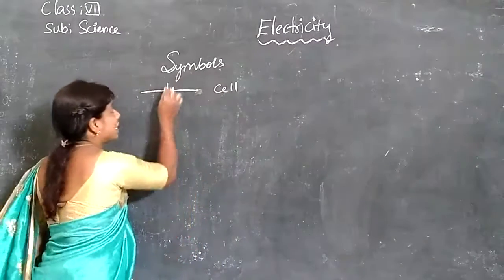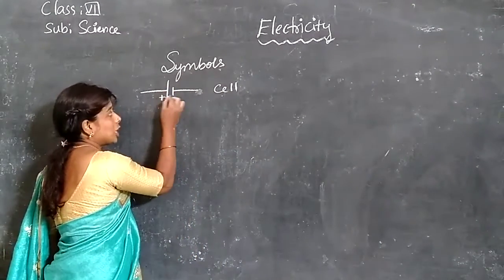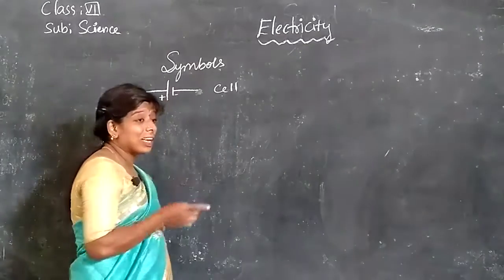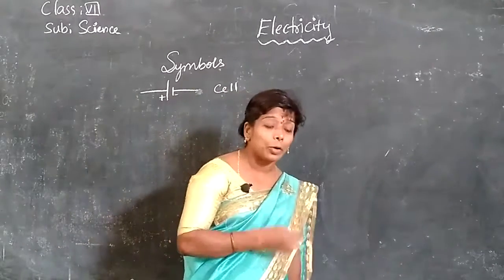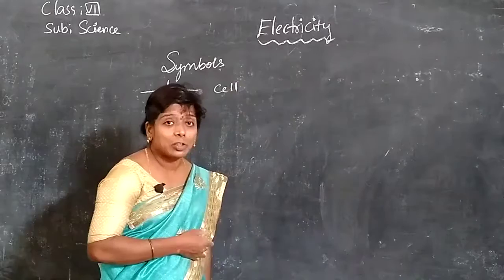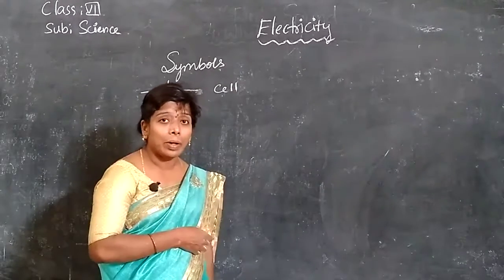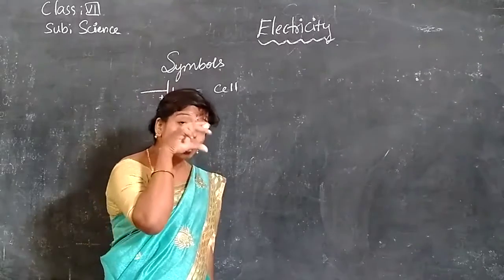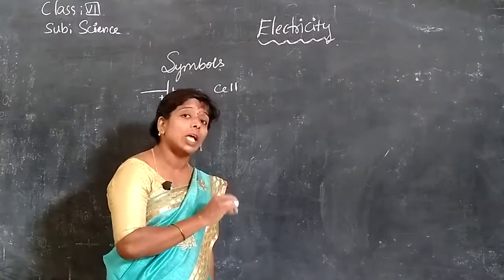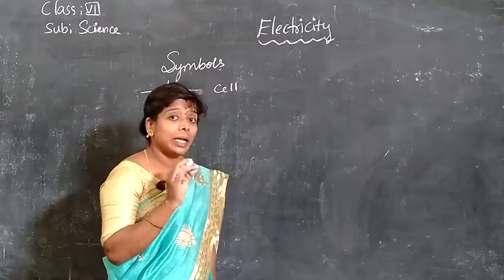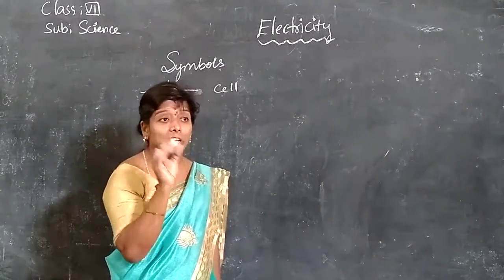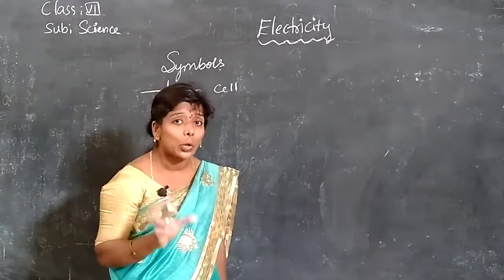This one is a big line, we will take it as the positive terminal, and the small line as the negative terminal. For current to pass, or for charges to move, suppose you connect a bulb, it should get both positive and negative charges. Then only the bulb will glow.